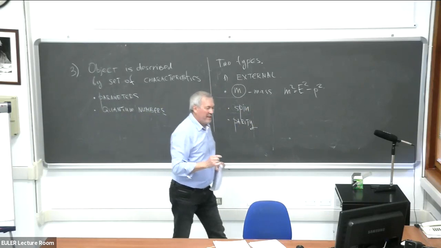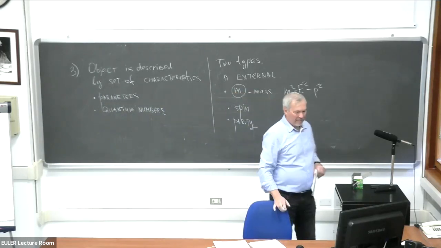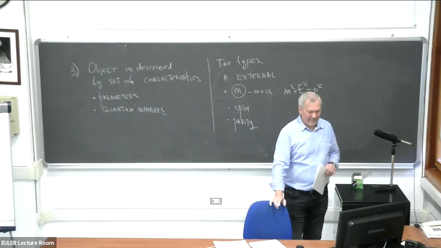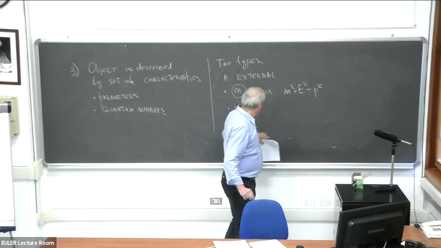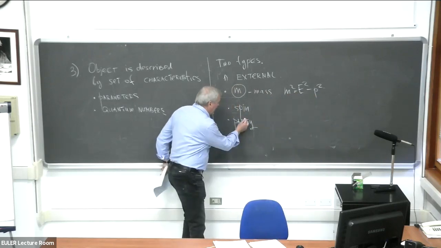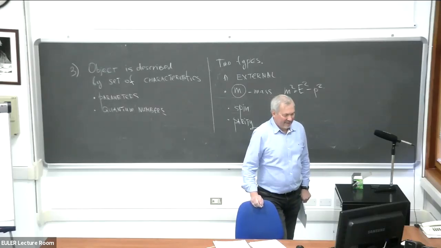Who knows what parity is? If we change the x coordinate to -x and y to -y and z to -z, if the value of the field changes its sign, it's negative parity. Its parity is -1. If it doesn't, it's +1.